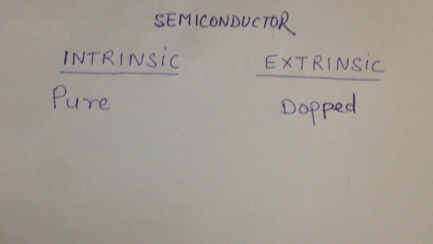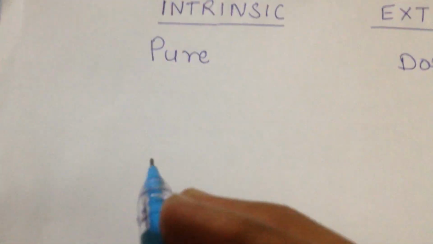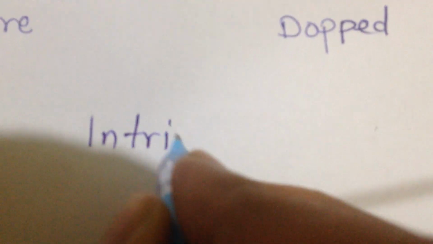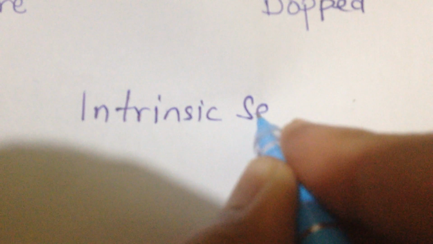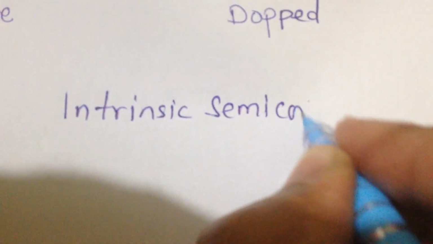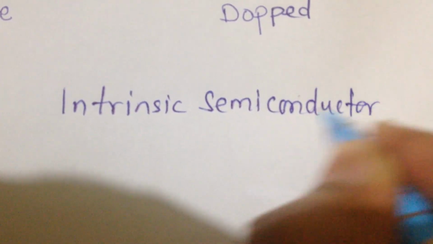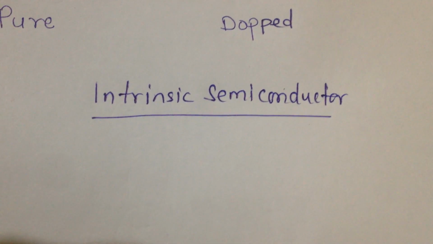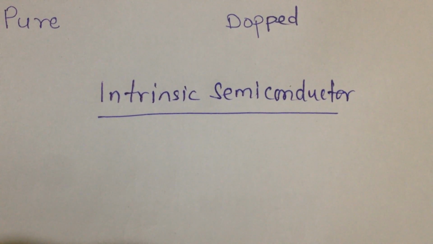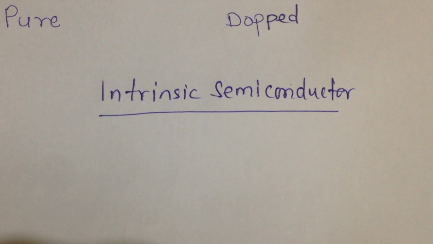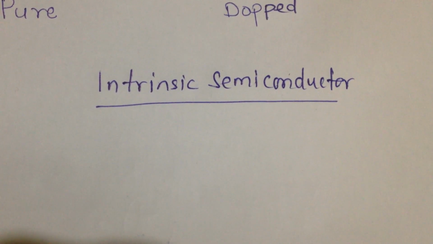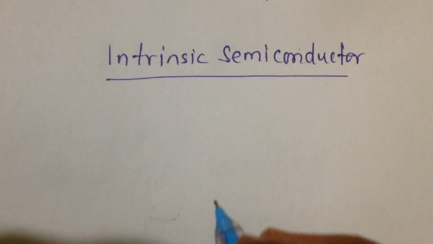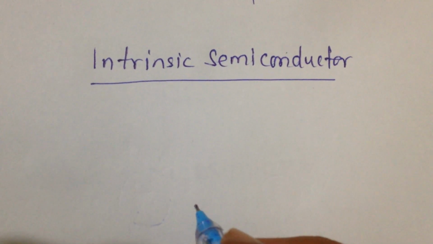So let us first discuss the intrinsic semiconductor. As I told you, pure germanium or silicon are good examples of intrinsic semiconductors, where there is no impurity added.